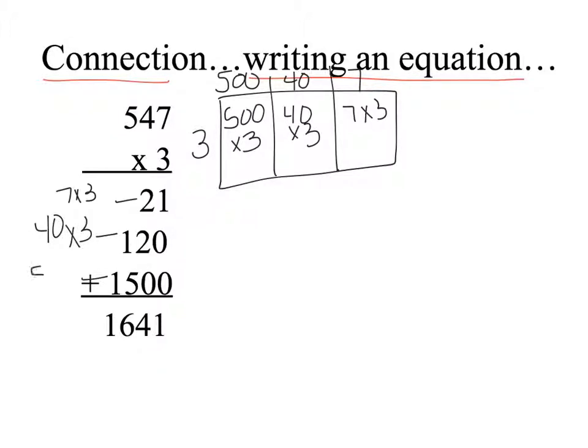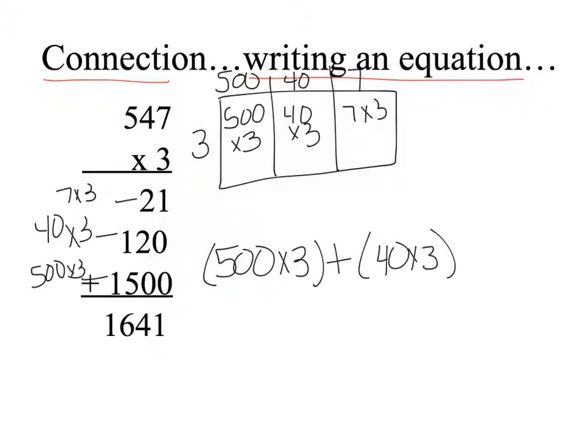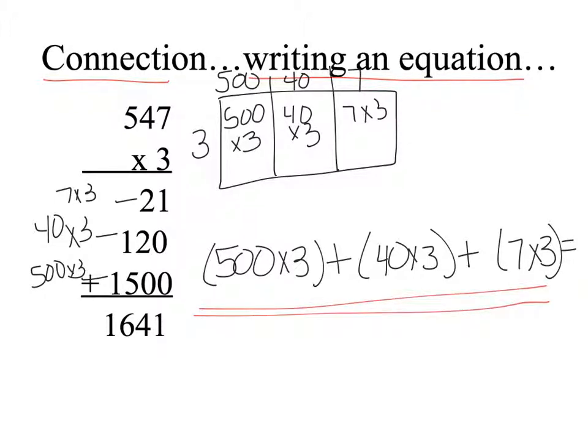And this fact is 500 times 3. So I can write this equation and say that 500 times 3 goes in the parentheses, and if I add that to 40 times 3 in parentheses, and if I add that to 7 times 3, I can get my answer.